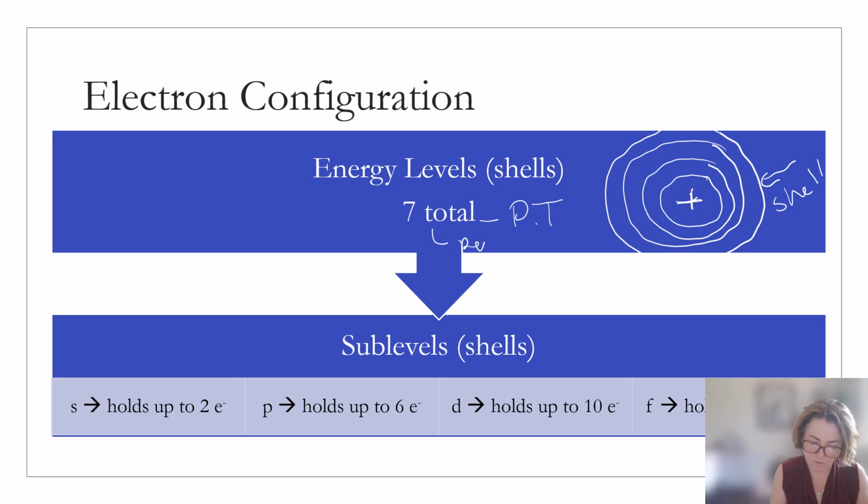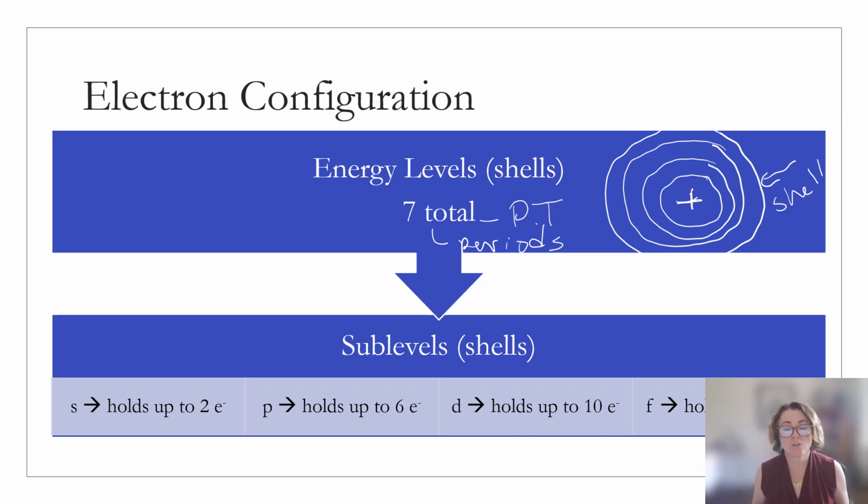Right, there are a total of 7 periods on that periodic table, and what we're going to find is those are going to correlate directly with the number of rings or number of shells around the nucleus of the atom. Now what's interesting is what we found is that the Bohr model did not hold up for atoms that had lots and lots of electrons. It worked really nicely for hydrogen, but nothing larger than that.